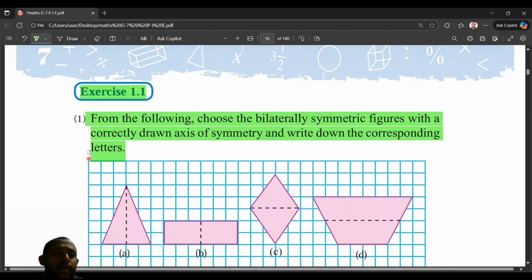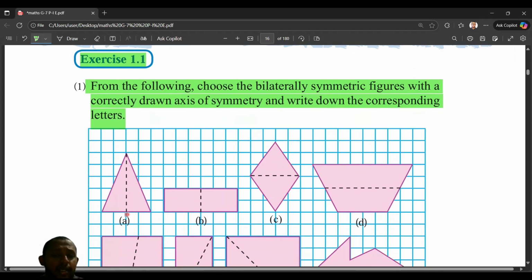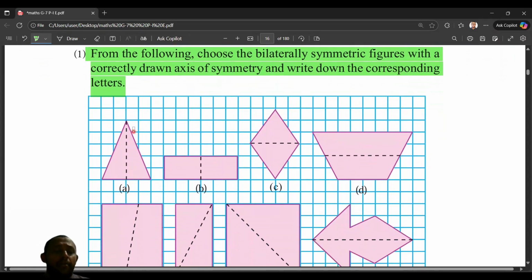So for an example, again, make sure what they are asking. From the following, choose the bilaterally symmetric figures with a correctly drawn axis. Write down the corresponding letters which give the bilaterally symmetric figures.